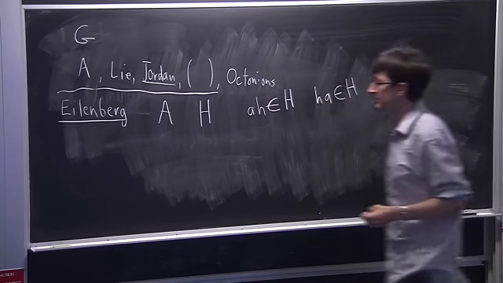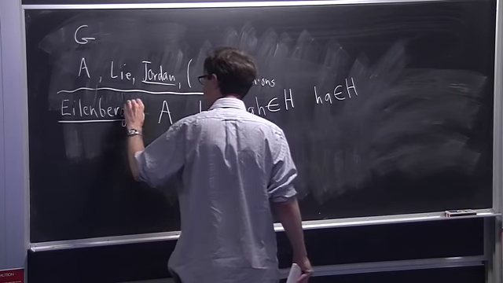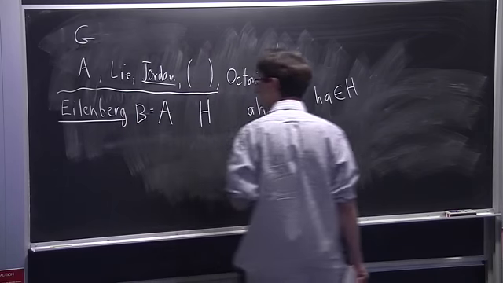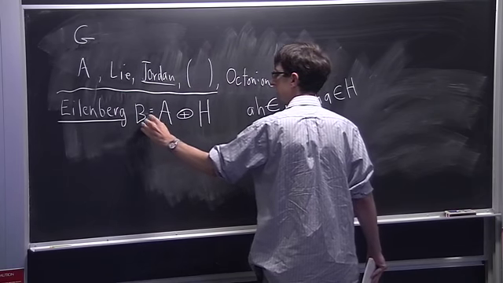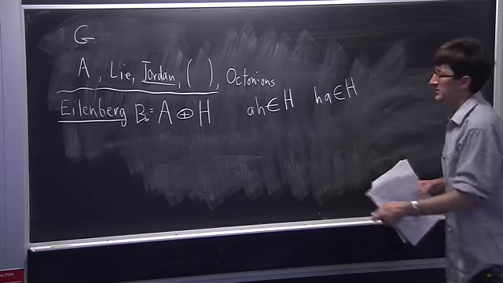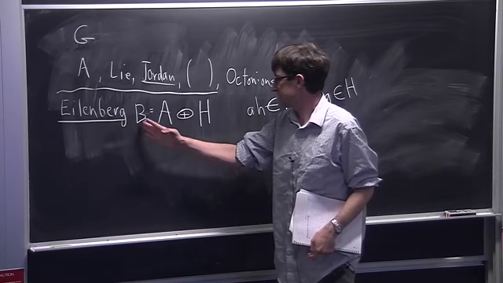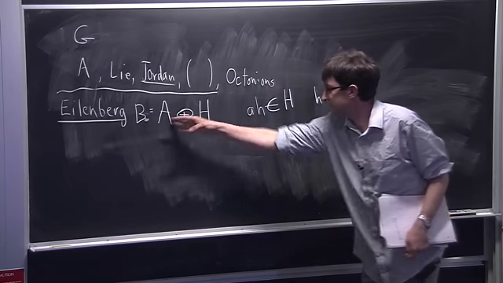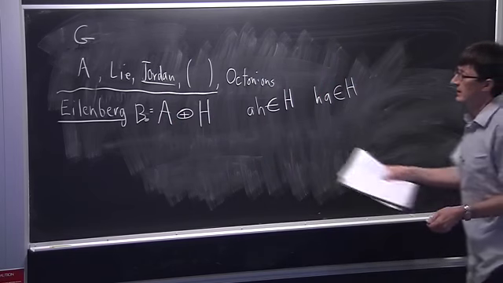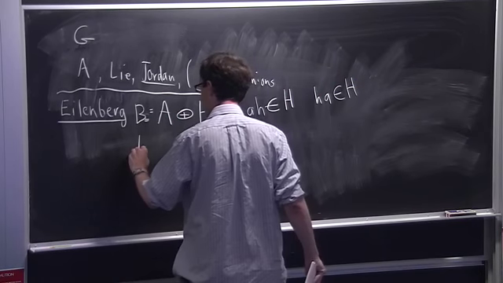And he says, if that's all a representation is, then a representation is really nothing but a new algebra B, called B naught, which at the level of the vector space is just the direct sum of the vector space A and the vector space H. And then it's equipped with a product.